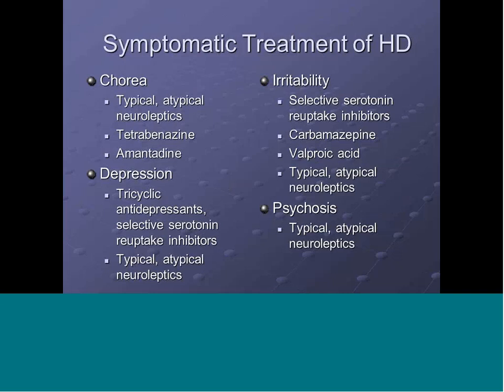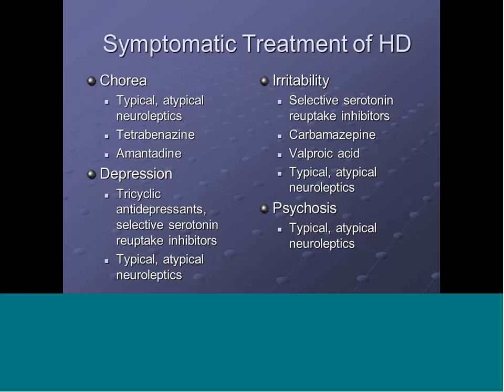Mood disorders are more commonly seen and can be treated with any of the antidepressants such as the tricyclics or selective serotonin reuptake inhibitors, and sometimes neuroleptics are also required. Psychosis is treated with atypical or typical neuroleptics. That's it. Any questions?